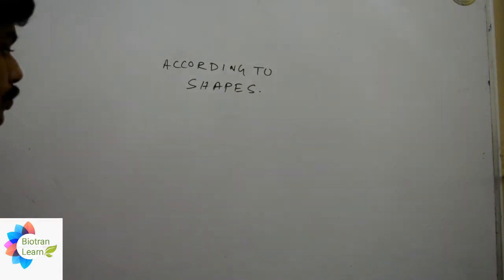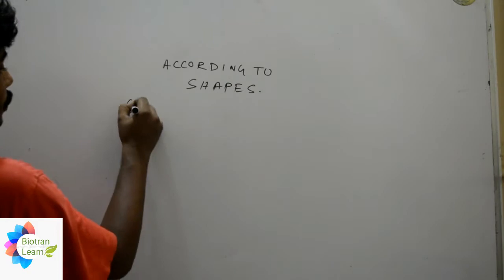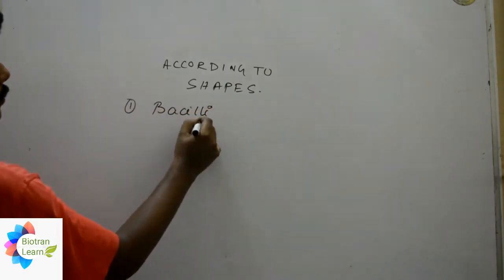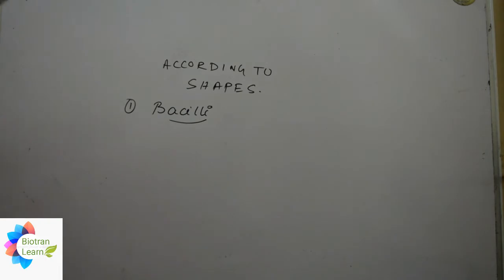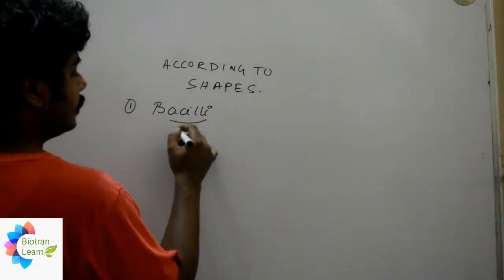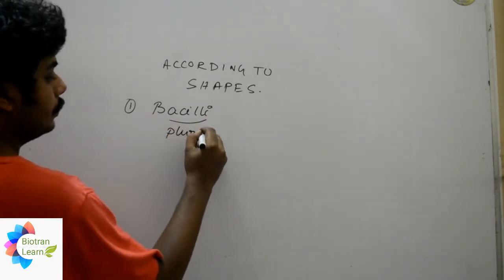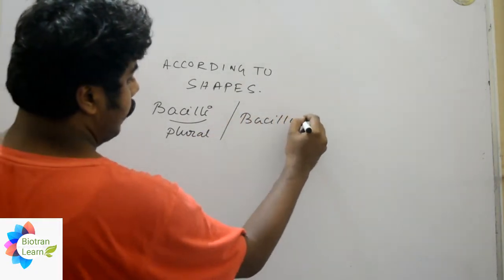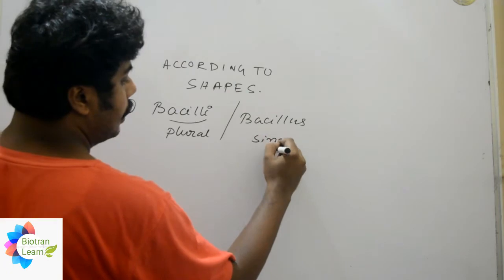In different groups. Maybe number one is bacilli or bacillus. Why am I writing bacilli? Because bacilli is the plural form and bacillus is the singular form, right?